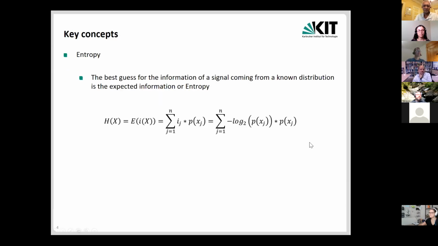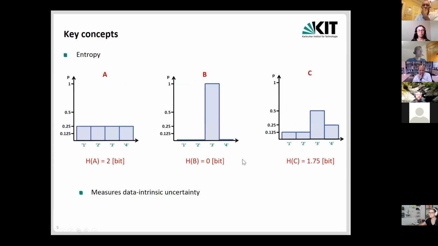So the key concept, of course, you're aware of is that entropy is expected information. And because it's a measure of the spread of a distribution, we can consider it a measure of data intrinsic uncertainty. So if you're given only the distribution, how uncertain are you about a particular random draw from this distribution?